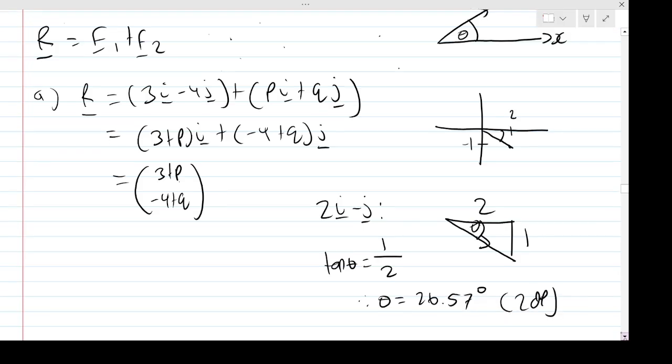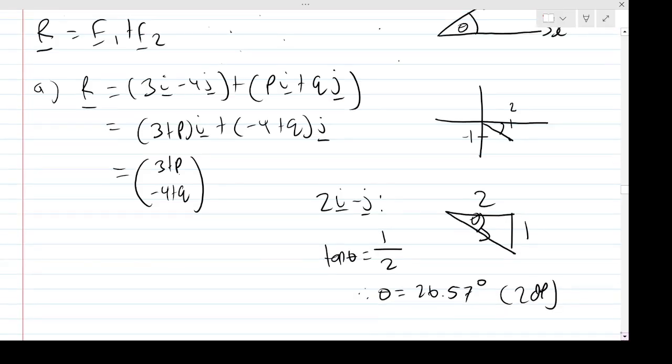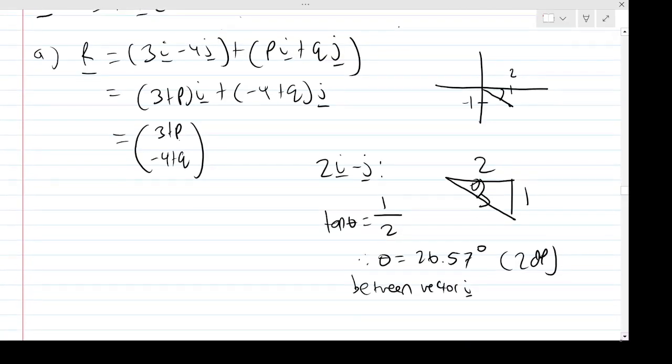So that's my angle theta between the vector I. Again, I represents the x-axis. Oh, I should say technically below vector I, because we're below the x-axis. But anyway, that's my vector.